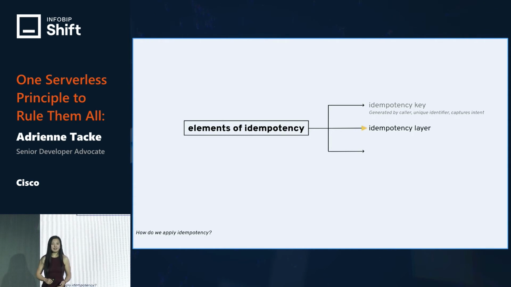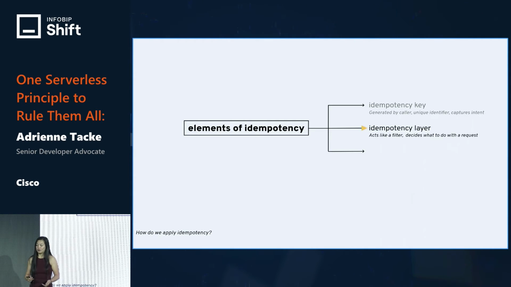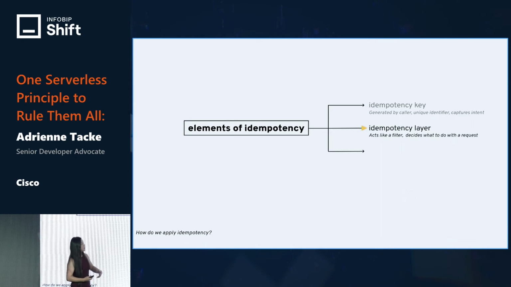Another part is an idempotency layer. This acts like a filter, and this is what decides what to do with the requests. In the context of a web application, that could be a cache, or some other persistent layer. Actually, I apologize, not the database layer, that's the next layer. The idempotency layer could be some business logic on the API that says, check this unique key against something.